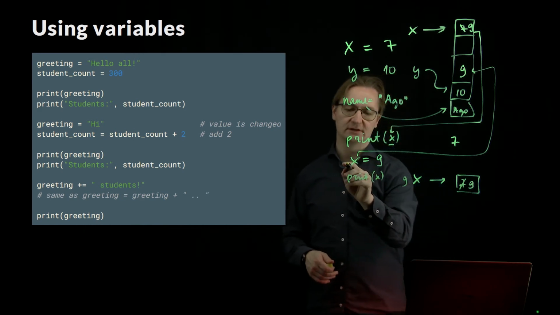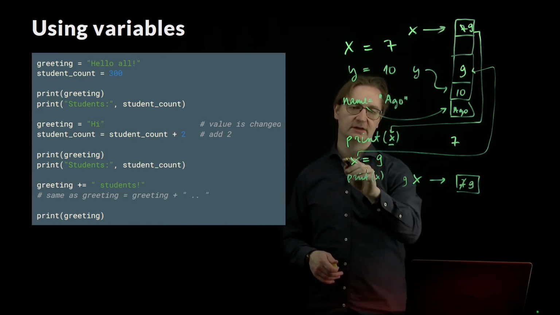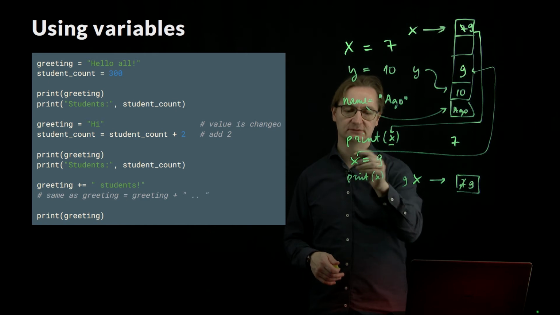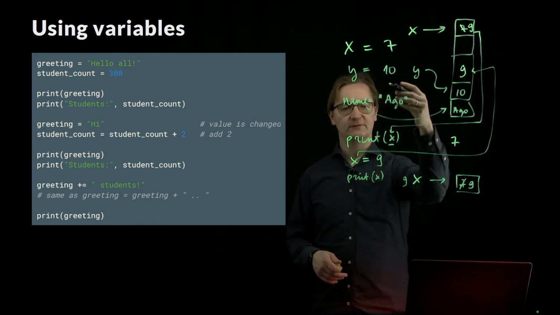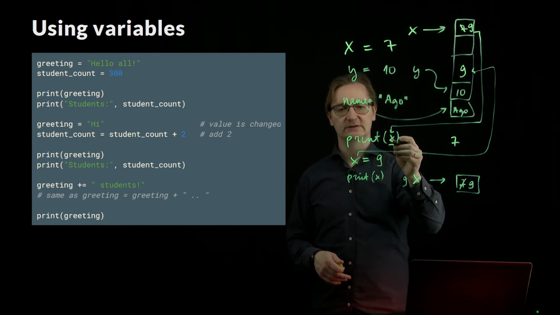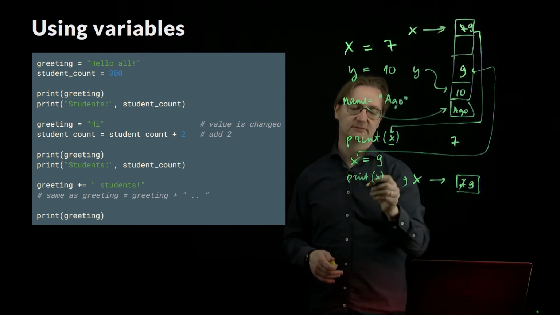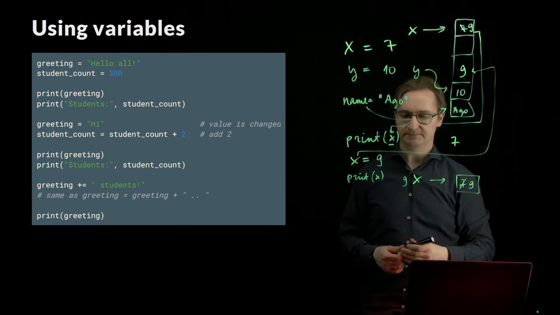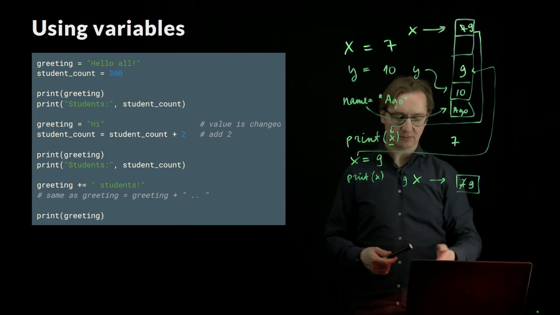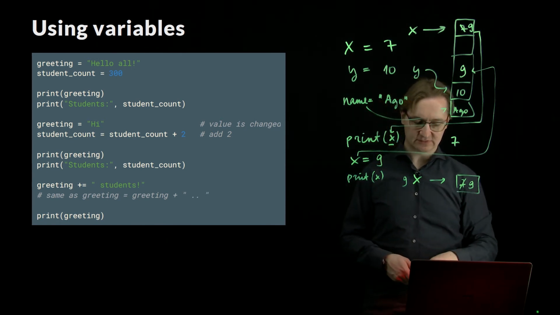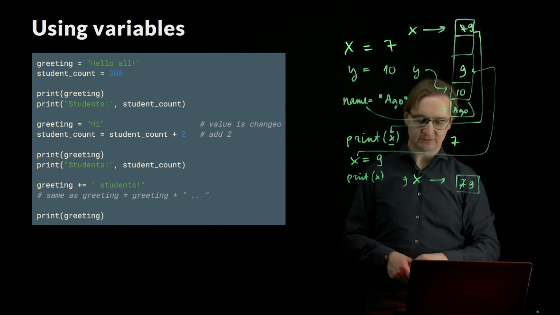So this applies only when the interpreter reaches that line. Before that the value of x was 7, now I change the value, and now printing here gives us 9. The code here also shows similar things. So we have two variables, greeting and student count.